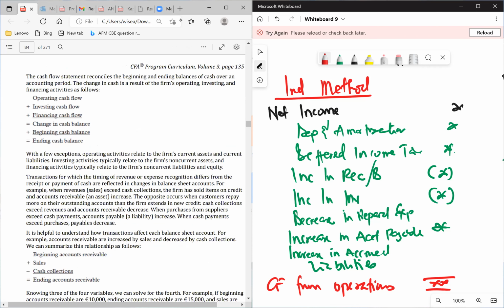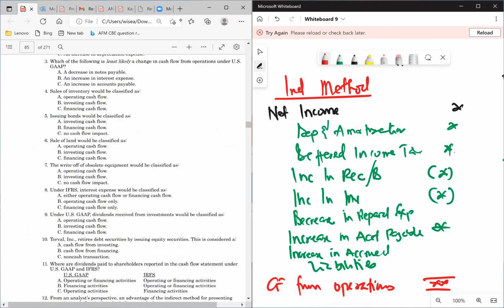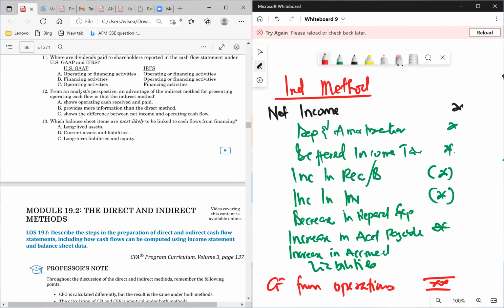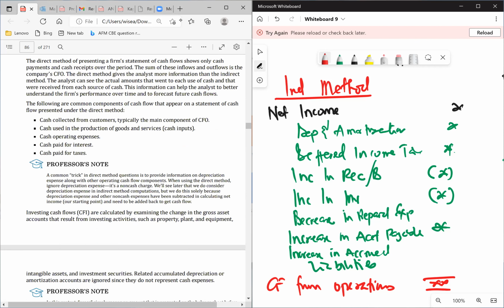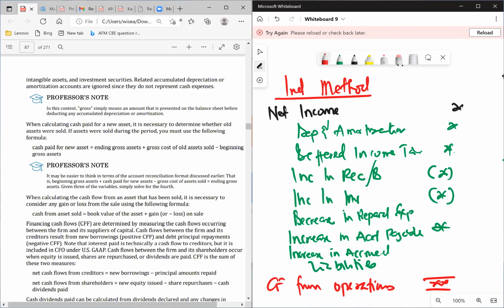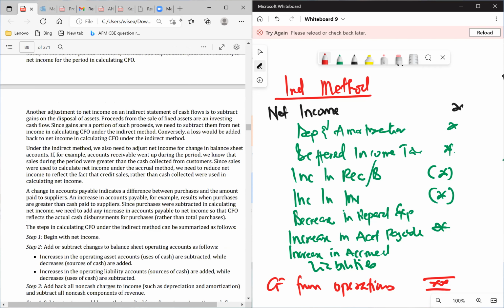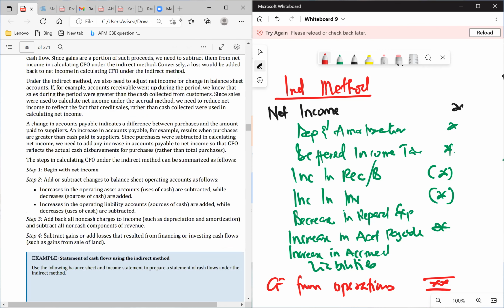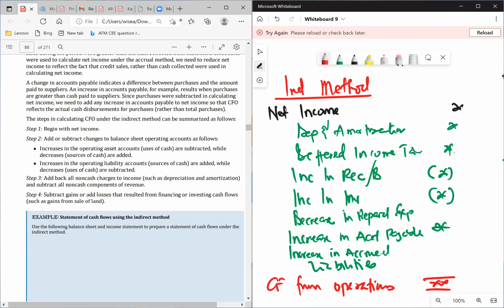For the IFRS, there is a choice to classify interest paid as either financing or operating activity, depending on the nature of the transaction.